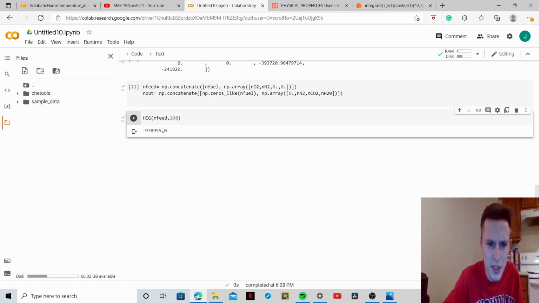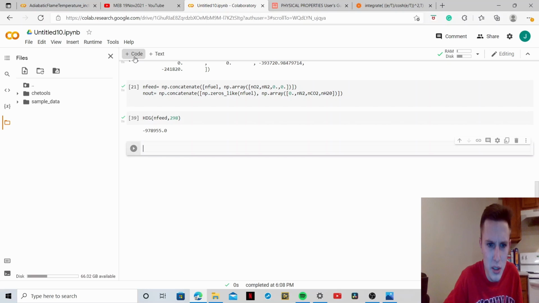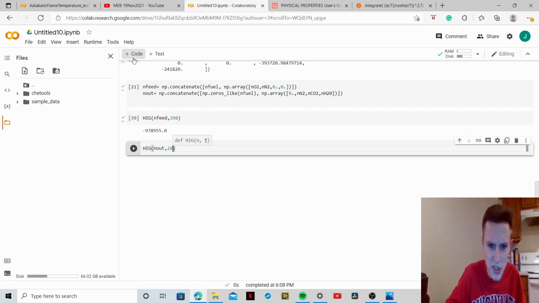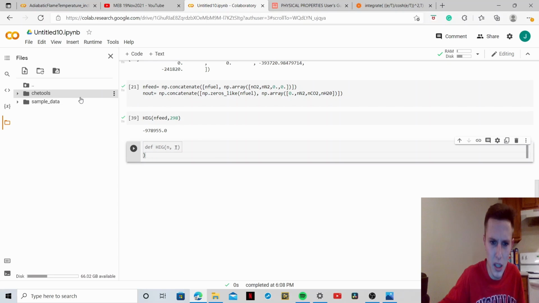All right, so now it gives us our enthalpy of our feed. So now let's try and find the enthalpy of our output. So in out, and start off with the same 298 kelvins.